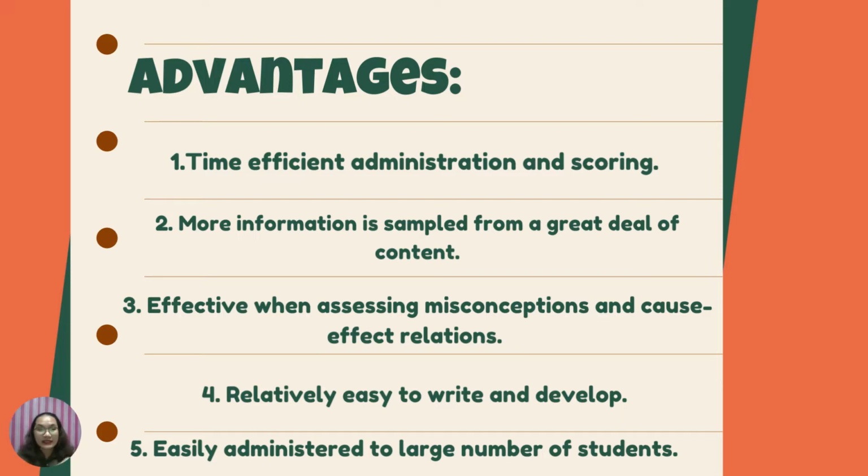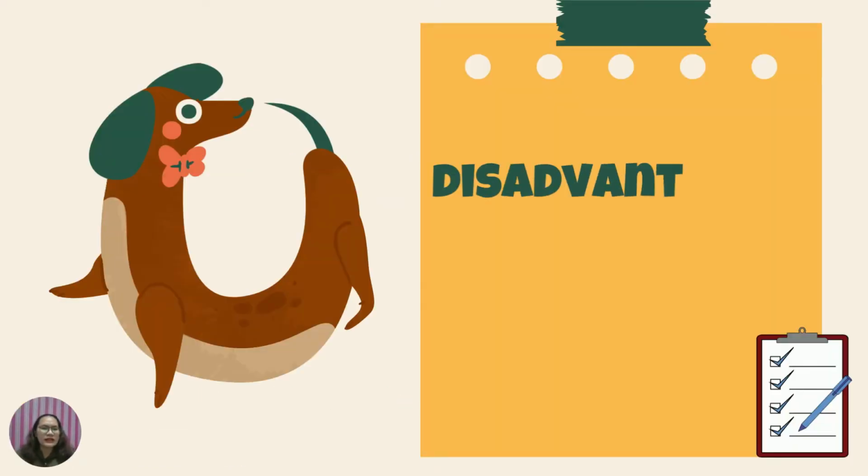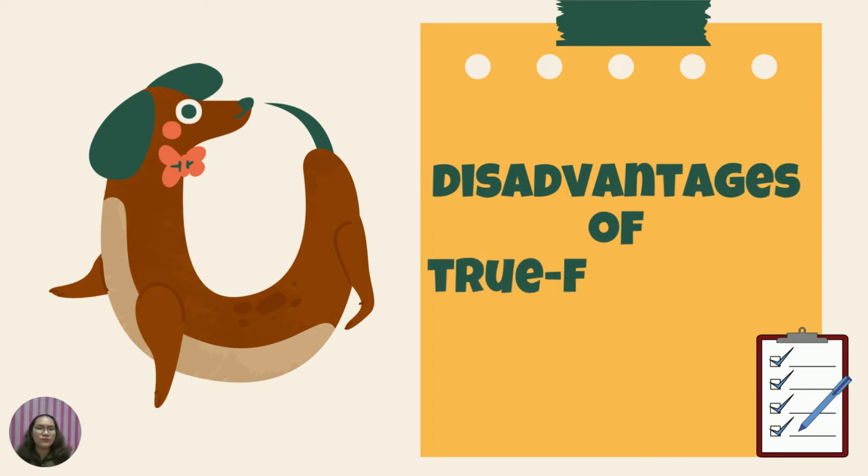So we can use true or false test if we are going to let a lot of students answer it, or it is easy for us to administer a true or false test in a large number of students. All right? Now let me talk about the disadvantages of true or false tests.